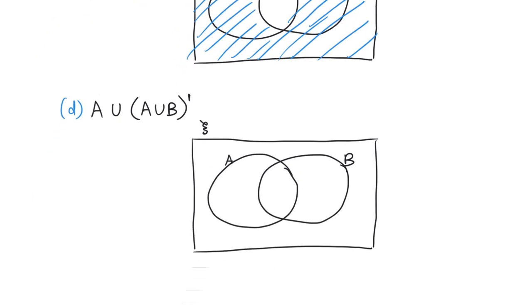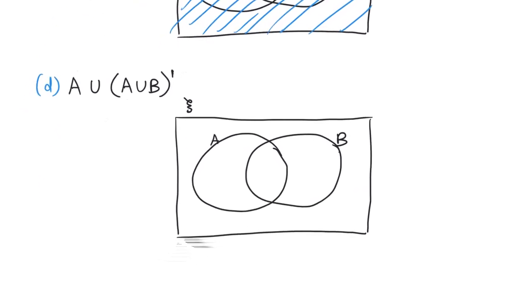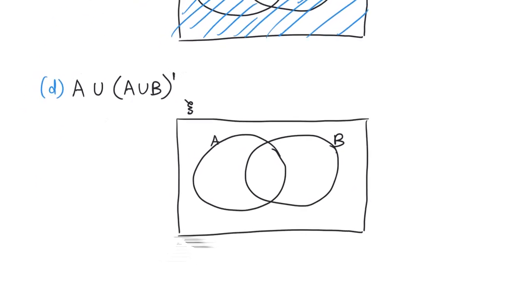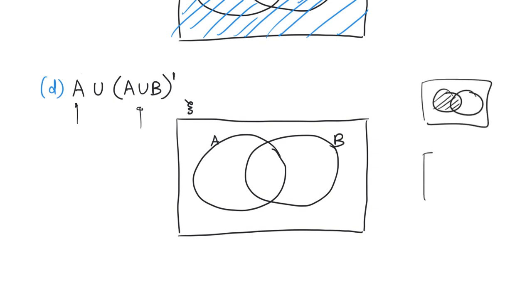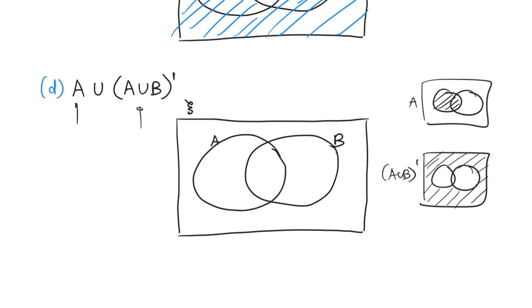Last, what if they start to show you multiple sets like this? Looks confusing, but once again, just be grounded by listing out each set individually. So A itself looks like this, right? Just the left circle, that's A. A union B complement is talking about A added to B complement, meaning everything outside B. So what am I going to do with union?